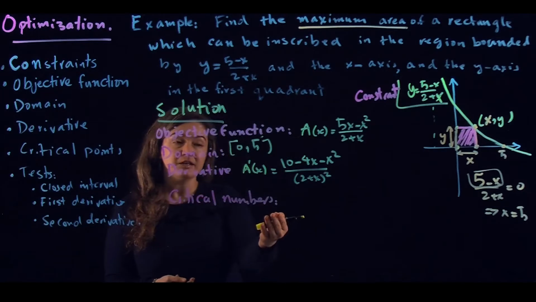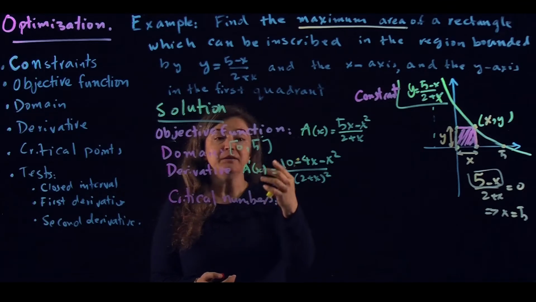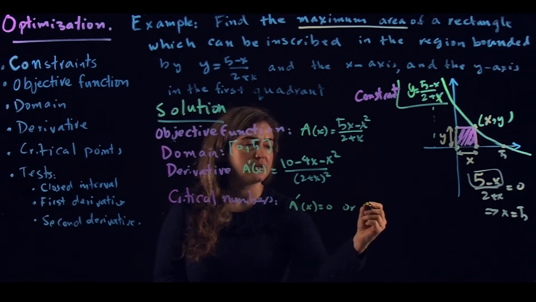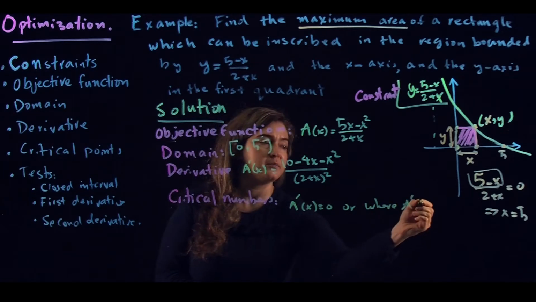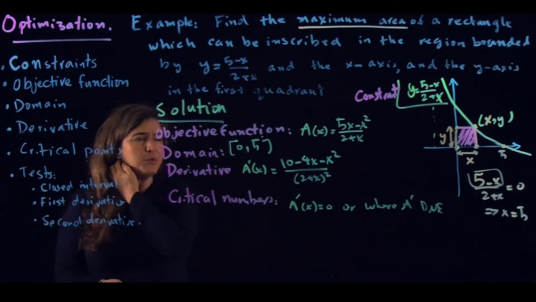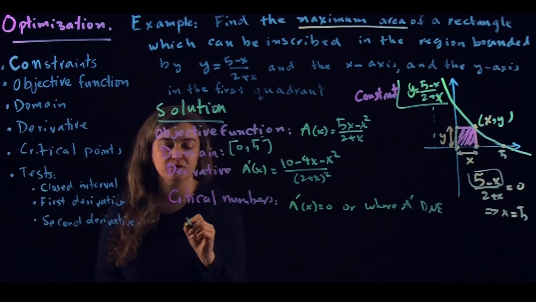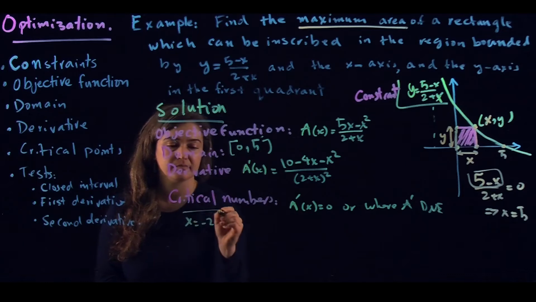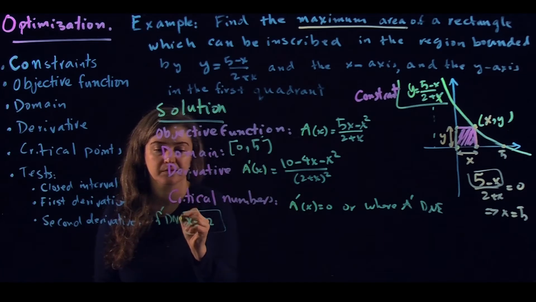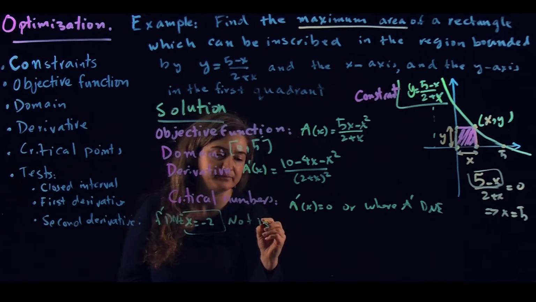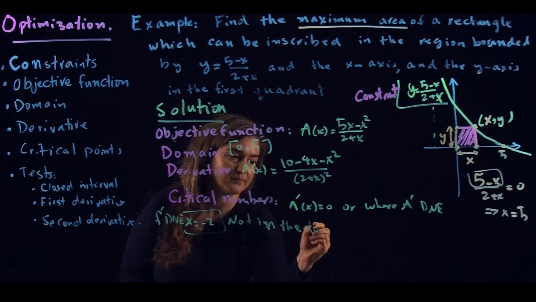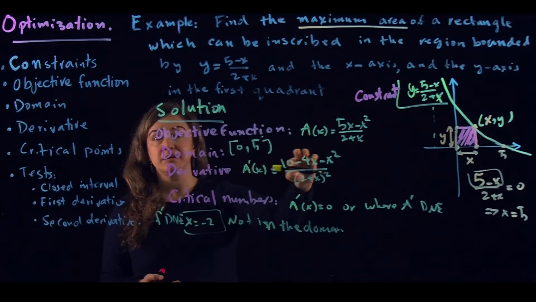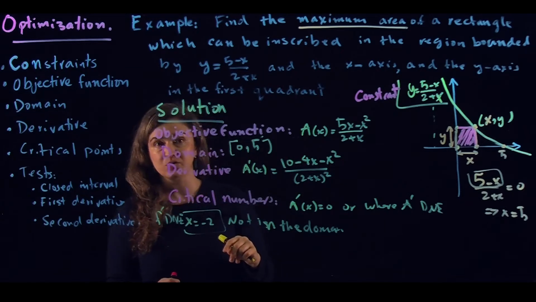So the next step is to find the critical numbers by setting A prime of x equal to 0, or finding where A prime does not exist. Where A prime does not exist is at x equal to negative 2, but x equal to negative 2 is not in the domain. So it's enough to actually find where the numerator is equal to 0.